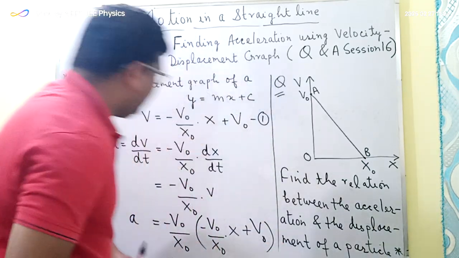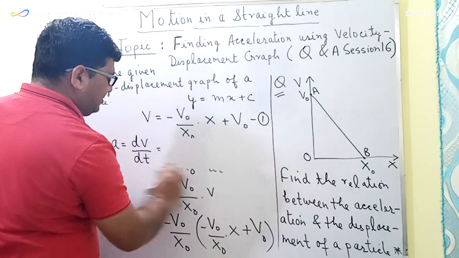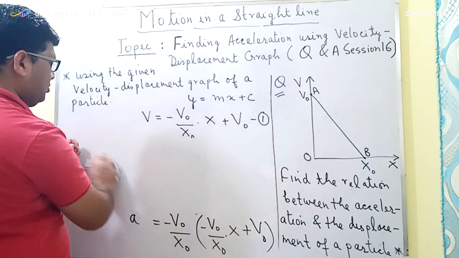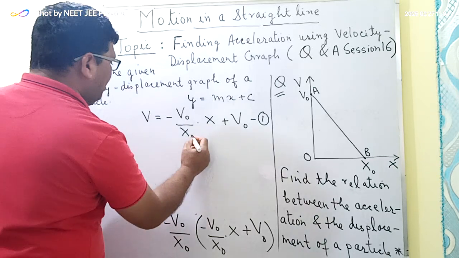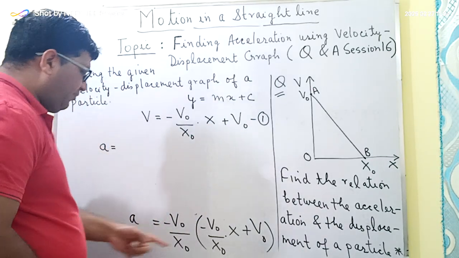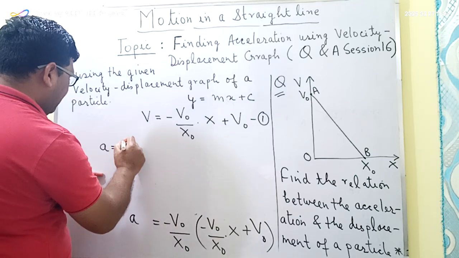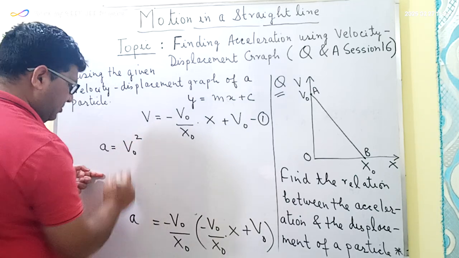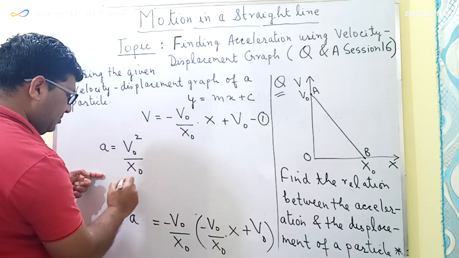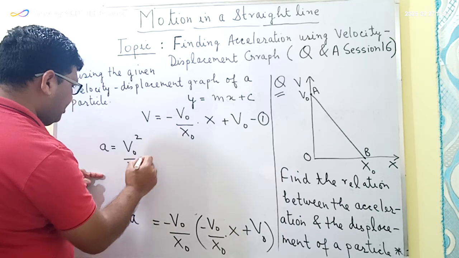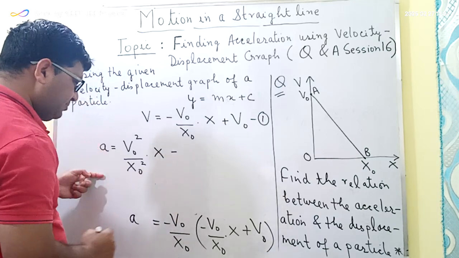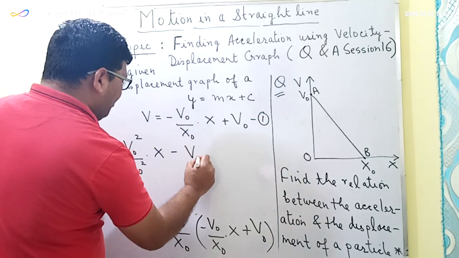Now this equation can further be written as: if I open the bracket, acceleration will be equal to v0²/x0² times x minus v0²/x0.